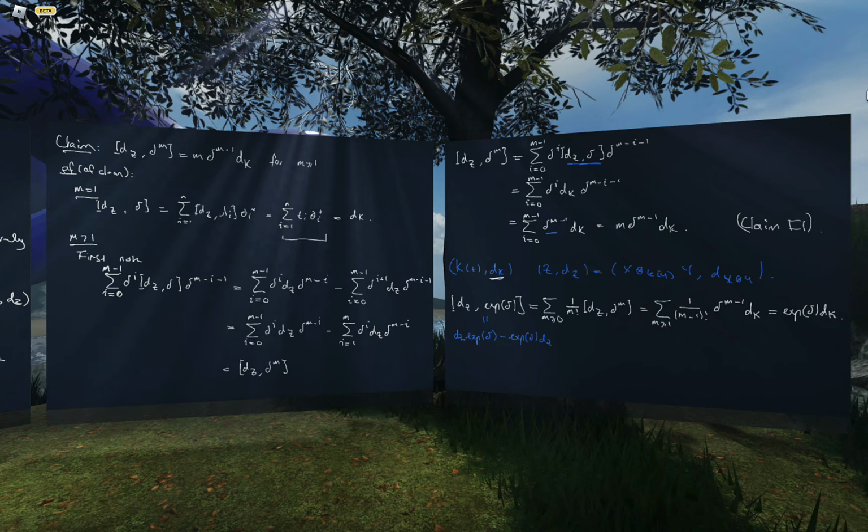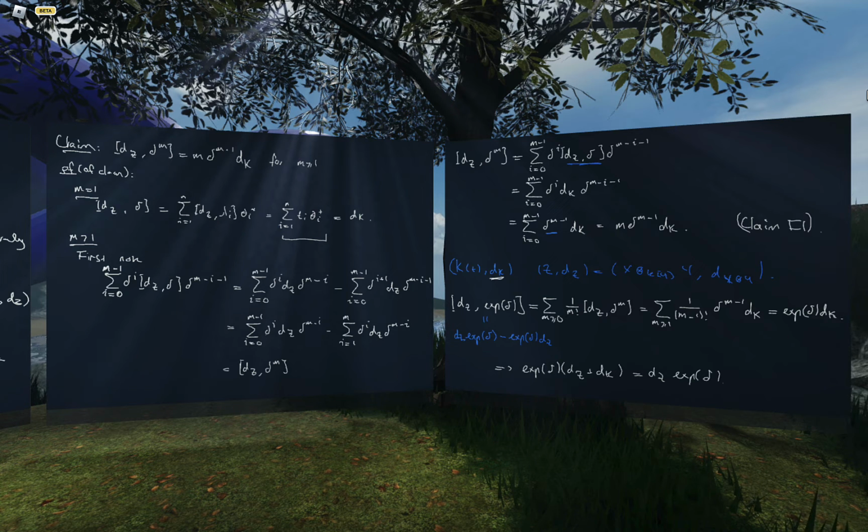And then we can rearrange this expression to get what we want, which is exp of delta (dz plus dk) equal to dz exp of delta, right? So in other words, it commutes with the differential.